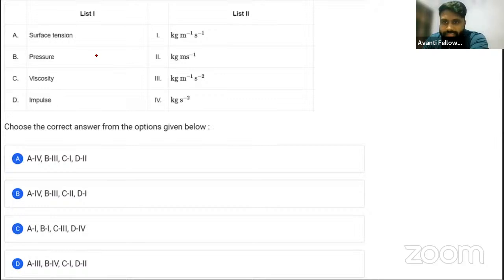A student is saying that option B is true. Okay, let's see which option is correct. Surface tension, as we have seen in yesterday's class, is force per unit length. Force is Newton, length is meter. Newton is the unit of force, and force is given by mass into acceleration.